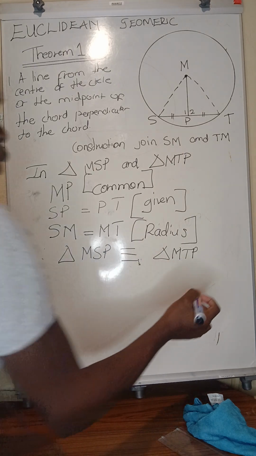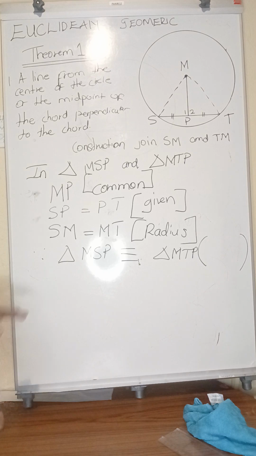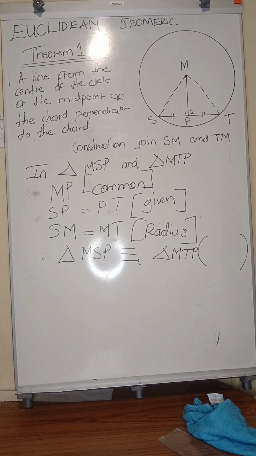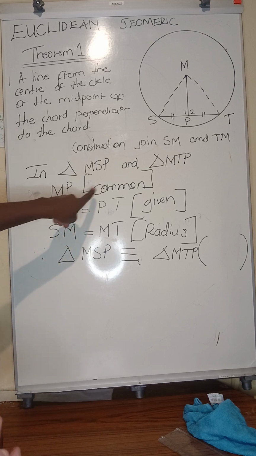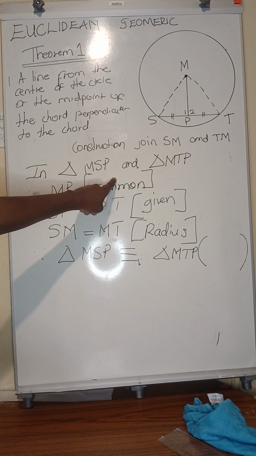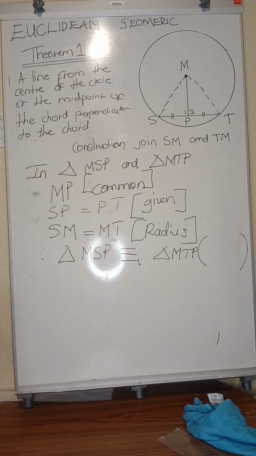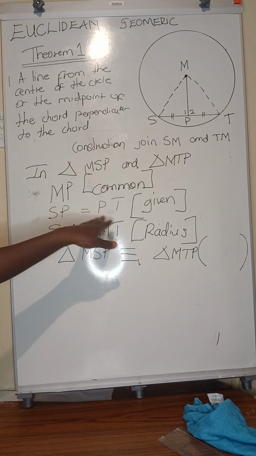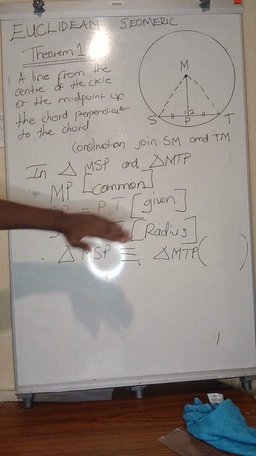What is the reason? What made us prove that? You must give the last reason. What made you prove what you are talking about? So the first thing, MP, is a side. We prove with angles or lines, it's either angle or line. So this is a side, and this is a side too.